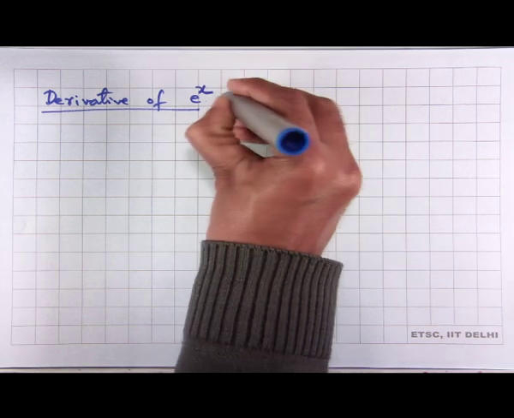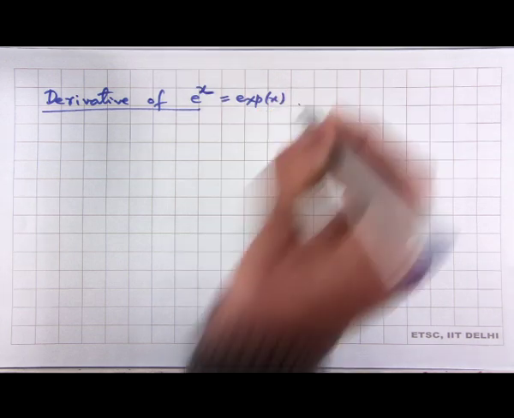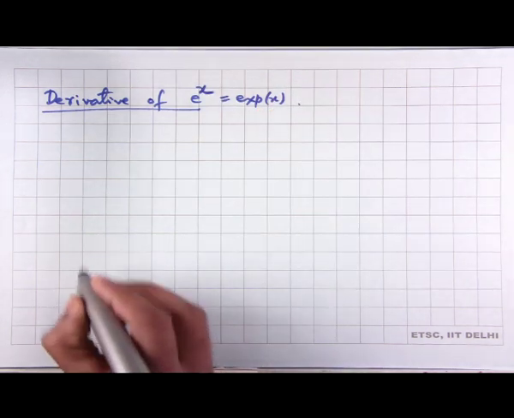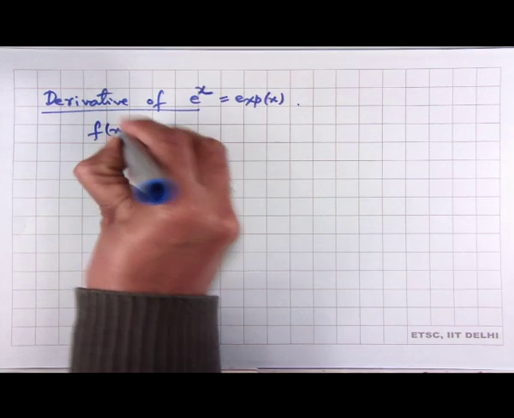Note that e to the x is this exponential function. So, let us write f(x) equal to e to the x.